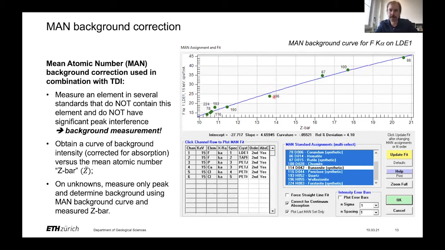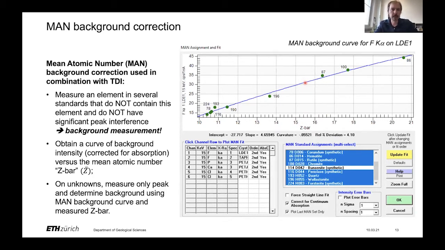And so once we have calibrated this curve, these backgrounds, we can then go to these diagrams and determine the average atomic number, which is a proxy, if you want, for the density of the material. So once we know the average atomic number, let's say 15.5, we can take that curve and determine here precisely what the background is for that material.